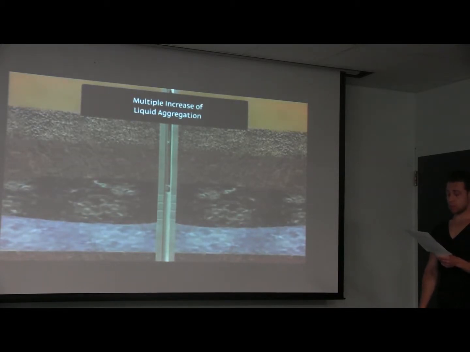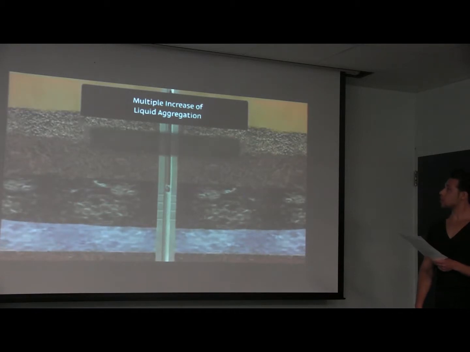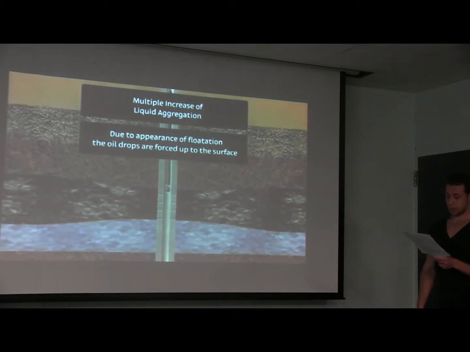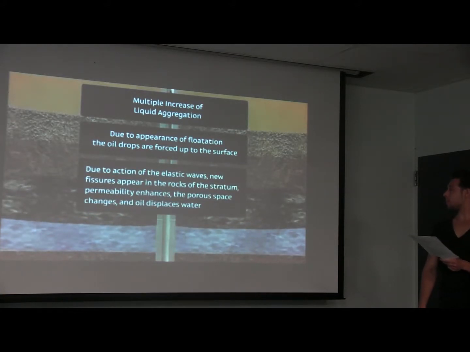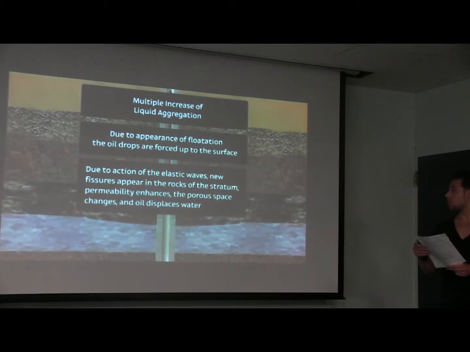The following effects can be observed: multiple increase of liquid aggregation, flotation of oil drops forced to the surface. Due to action of the elastic wave, new fissures appear in the rocks of the reservoir. Permeability enhances, and the porous space changes, and oil displaces water.